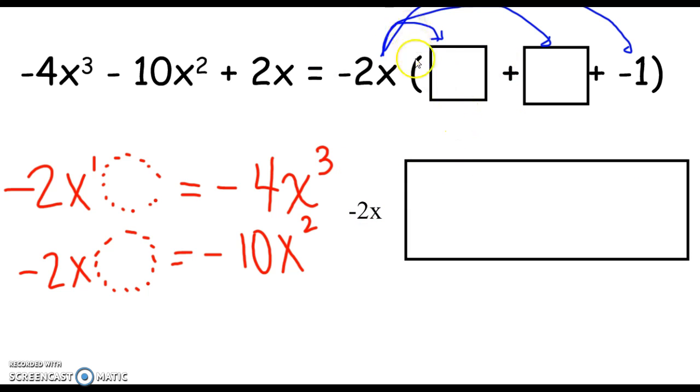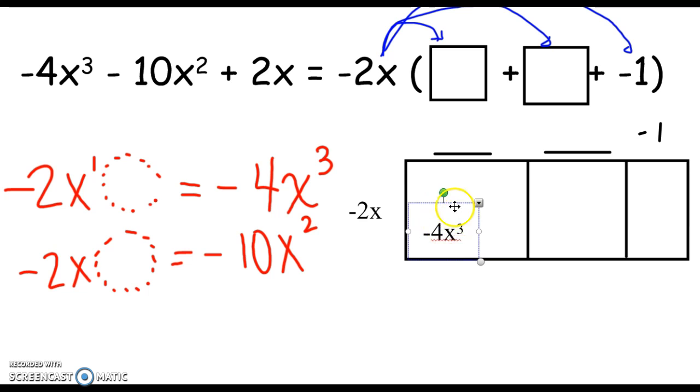We've got our something, so our square, and then we'd have negative 1. Now I know that when we write those in, this gives us negative 4x cubed. That's that first term.